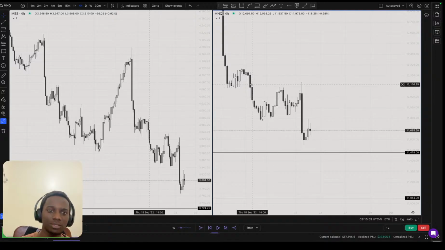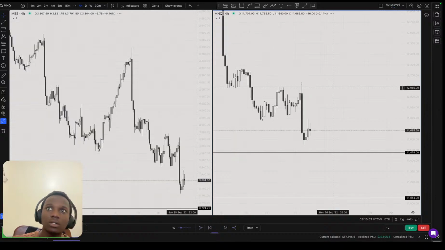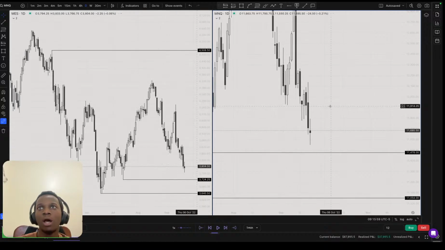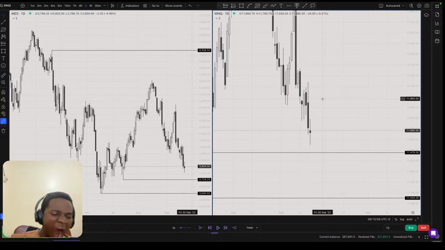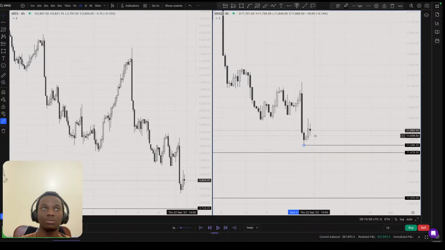Obviously, I believe there was some kind of POI daily gap. All right. So still think shorts could be valid to this low.